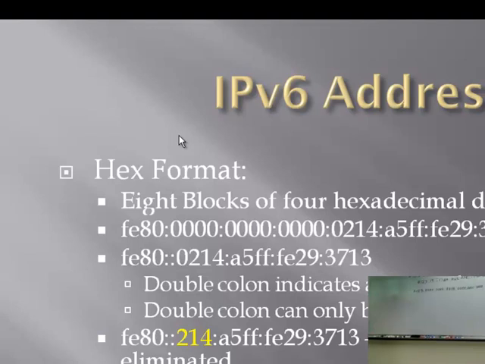And the reason is, if you collapse both of them, you won't know which one has four blocks of zeros and which one has one, or does this have two, and so forth and so on. So you can only collapse one.